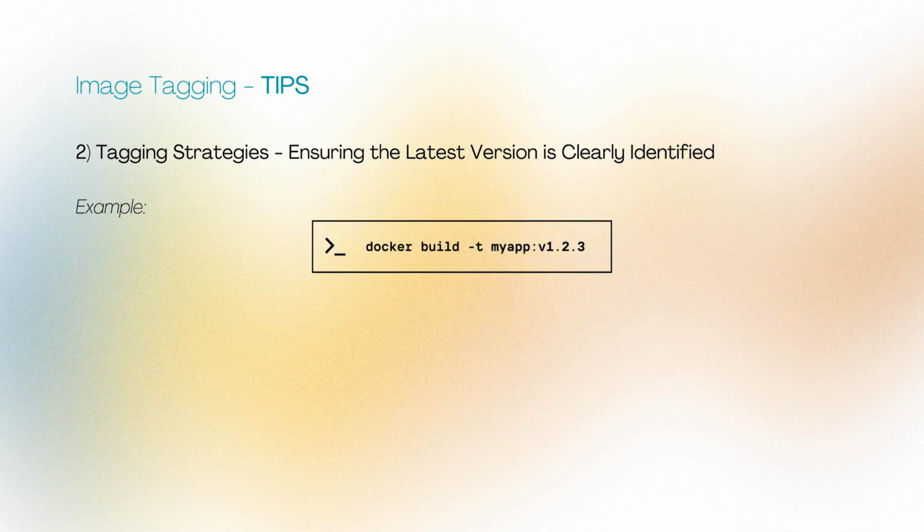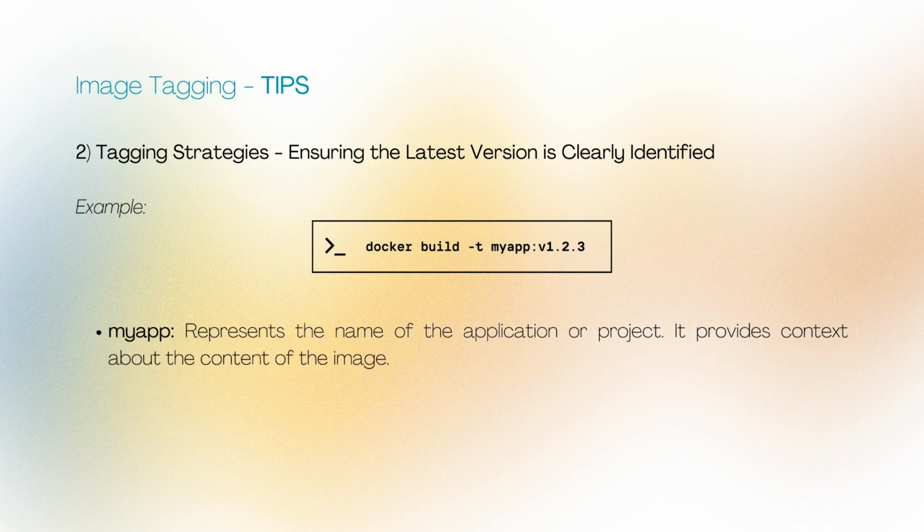Here's an example of how you can create a descriptive Docker image tag using the docker build command with appropriate labeling conventions. Docker build -t, the name of your application, and then we'll use v for version 1.2.3. In this case, my app will represent the name of the application or the project you're working on.